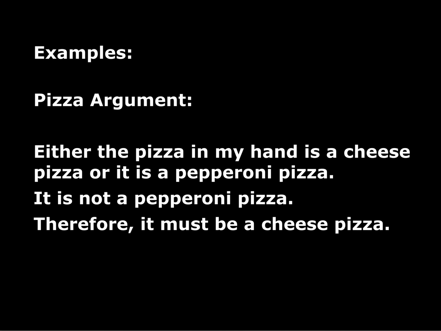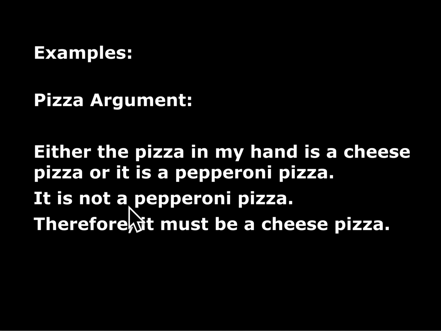Here's basically how that reasoning went. She knew that either the pizza in her hand was a cheese pizza or a pepperoni pizza, and she knew it wasn't pepperoni, and so she knew that it had to be a cheese pizza. Here we see an example of going from some given information. In this case, the information she started with was this: either the pizza that she picked up was cheese or it was pepperoni.